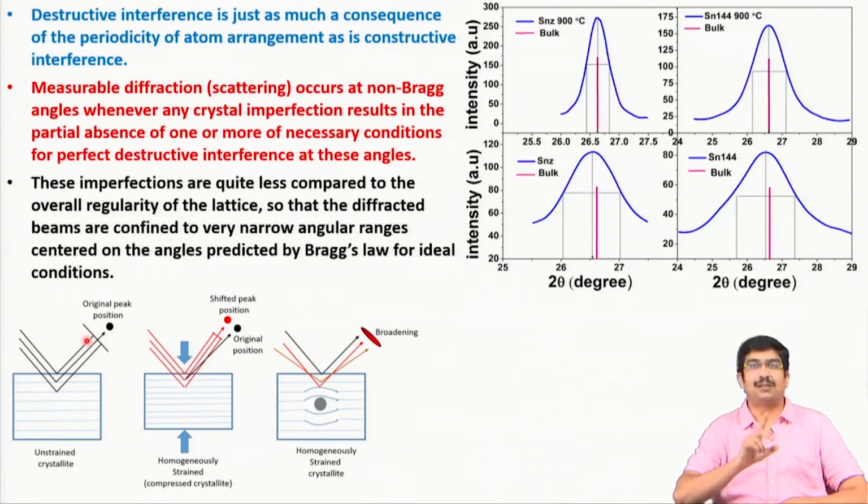And remember the base-centered versus body-centered example when we derived Bragg's law. That time we saw that if the path difference is one half of lambda, there is complete destructive interference. So basically, destructive interference is as much a consequence of the periodicity of atomic arrangement as constructive interference.